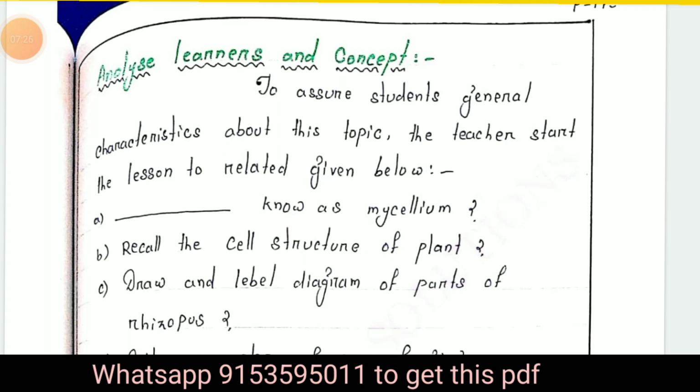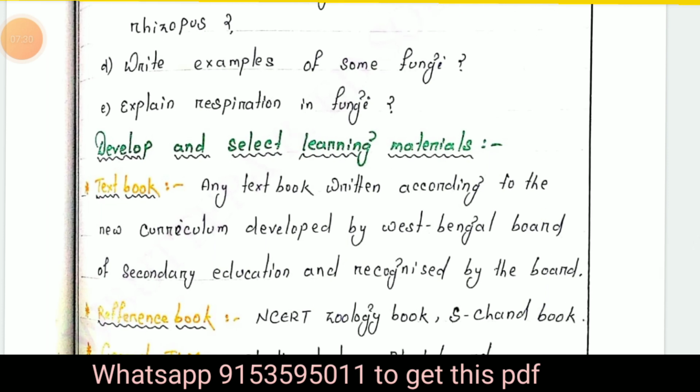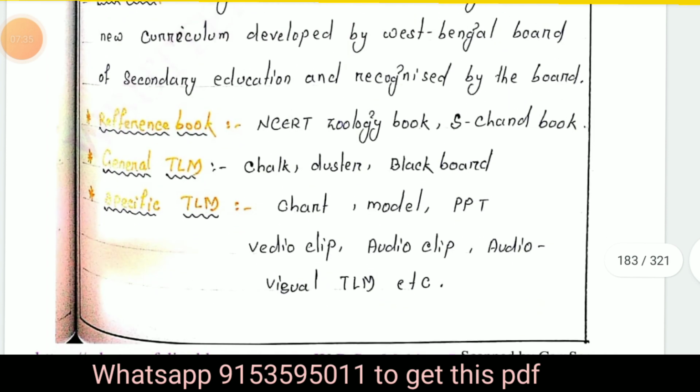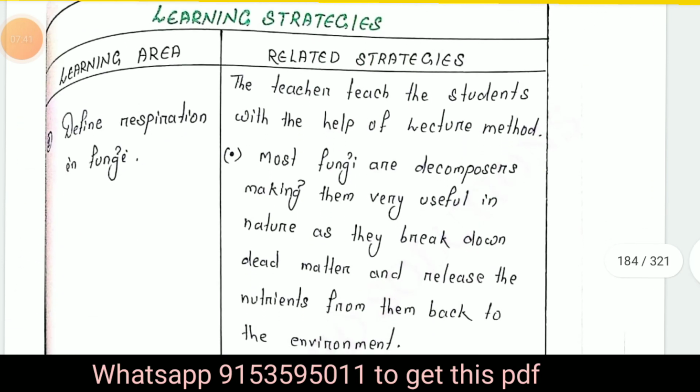Analyze learner and concept. Here some questions are written. Develop and select learning material: textbooks, reference book, general TLM such as chalk, duster and blackboard. Specific TLM: chart, model, PPT, video clip, audio-visual TLM, etc. Learning strategies are two parts: learning area and related strategies.